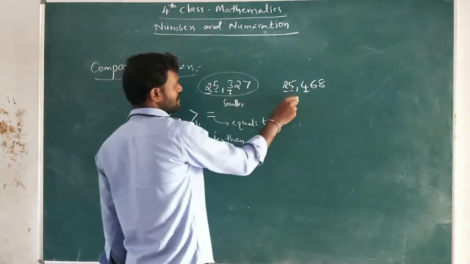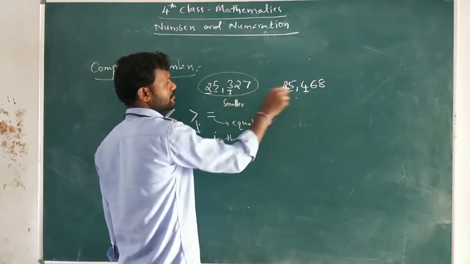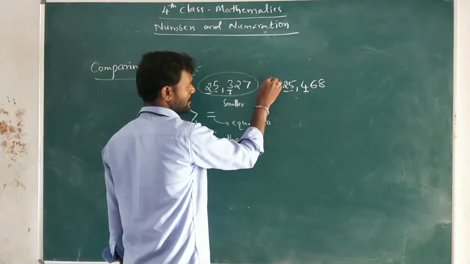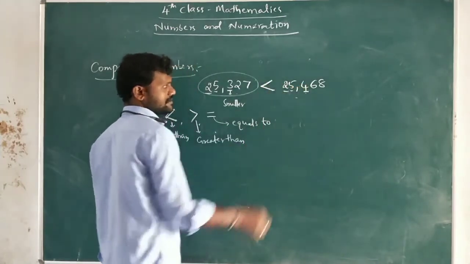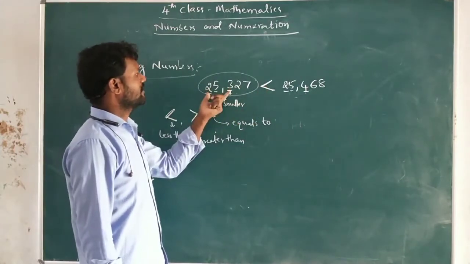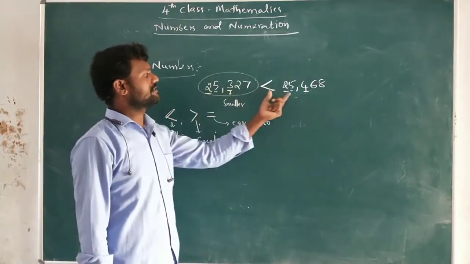Which is larger in these two numbers? We said this is smaller, so this is larger. Which symbol do you write? The two edges towards the larger number, so the symbol is less than.